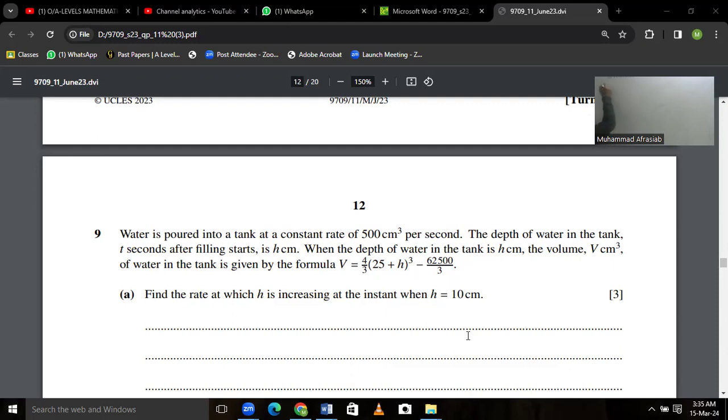So question number 9, volume V is equal to 4 over 3 (25 plus h) whole cube minus 62500 over 3.